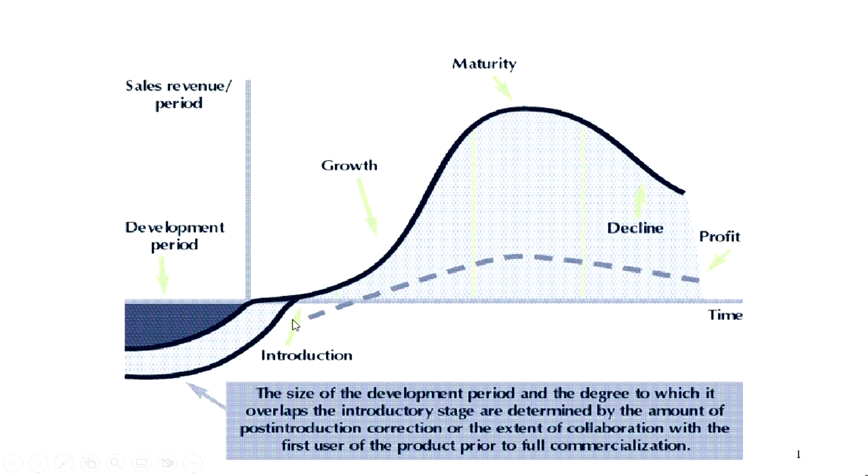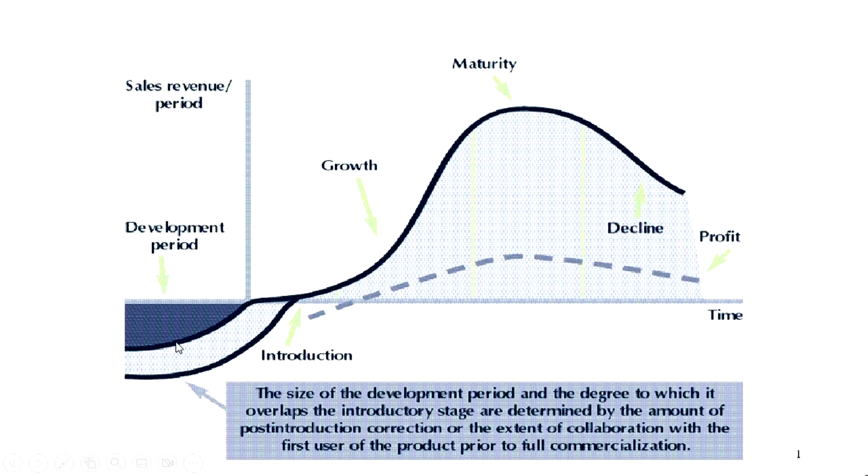So, this is showing us how the sales of a particular product, and indirectly therefore the adoption rate and adoption characteristics of a product or of a new technology, evolve in the marketplace over a period of time.